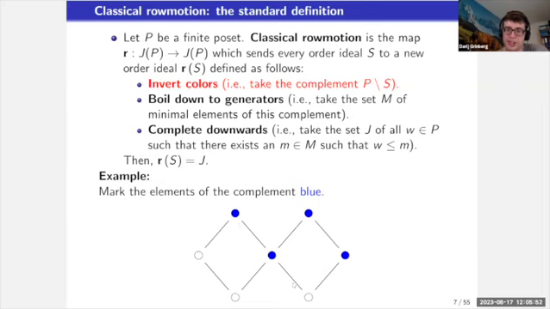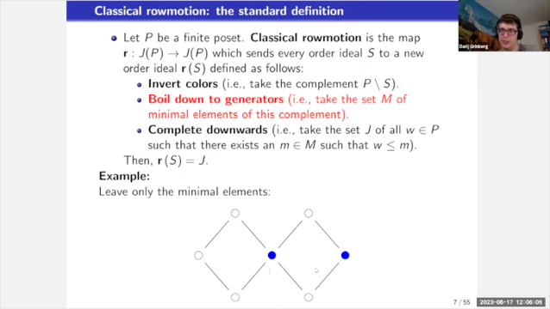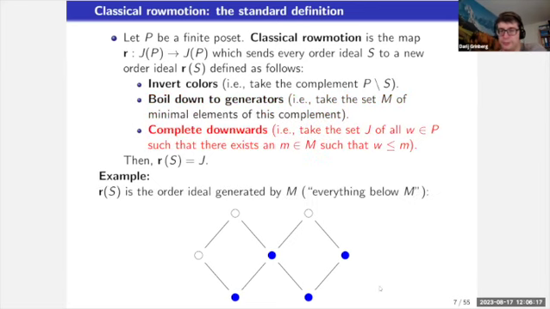The next step: this is now an upwards closed set, and I boil it down to its generators. So I only leave the minimal elements. In this case, it means that I only leave those two elements, the blue ones, the ones at the bottom. Next, I turn it back into an order ideal by completing it downwards. So everything down from a blue element will also be colored blue. And that's R of S.